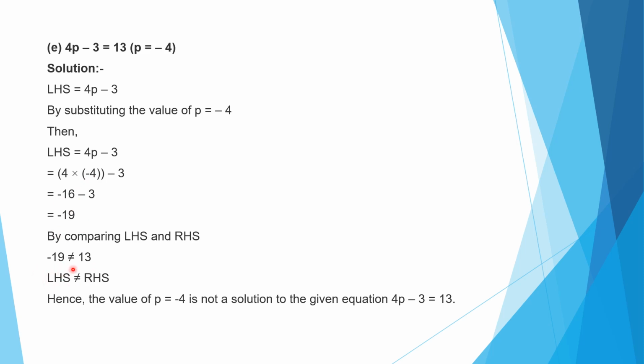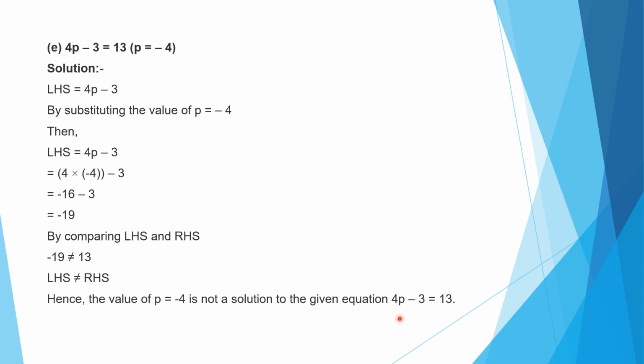So minus 19 is not equal to 13, that is, RHS is 13. Therefore, p is equal to minus 4 is not a solution to the equation 4p minus 3 is equal to 13.